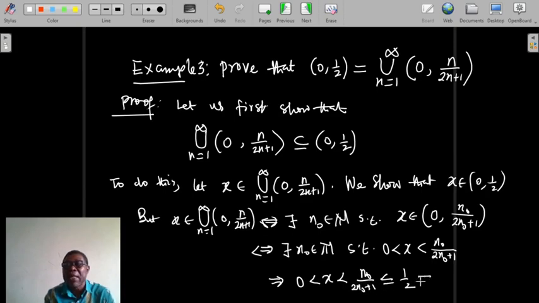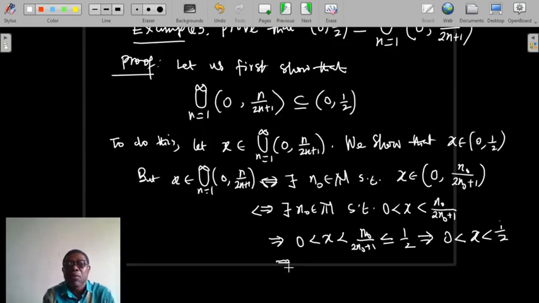From which we get that 0 is less than x, less than half, because the first inequality is stronger. So x is less than half. So this implies that x belongs to the interval (0, half).